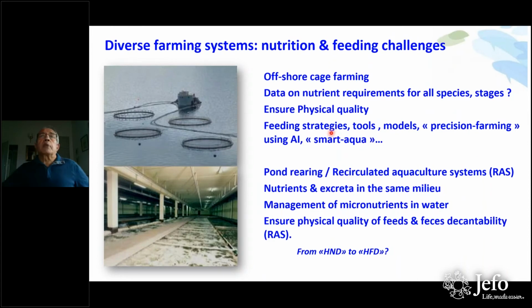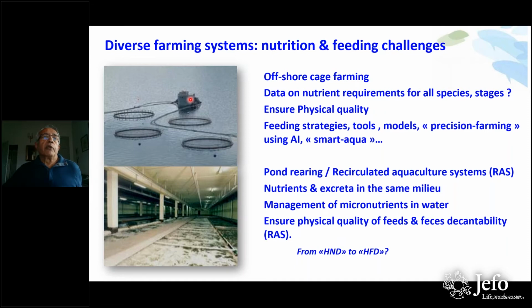Farming systems also change. We have offshore cage farming, ponds, and here is an example of a totally recirculated aquaculture system. But as a nutritionist, data on nutrient requirements for all species and stages, are they affected by the farming systems? When it comes to feed manufacture, we've got to ensure the physical quality of feeds.